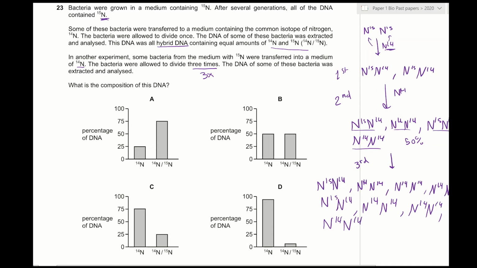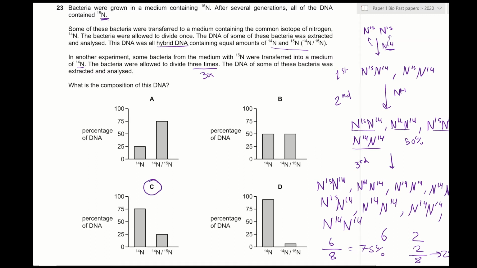Now, in the third division, we could clearly see that now we have 6 N14, N14, and here we have 2 hybrids. Therefore, if we divide the simple ratio, 6 out of 8 for N14 is going to give us 75%, and 2 out of 8 is going to give us 25% for hybrid. Therefore, the only correct answer in this case will be C.